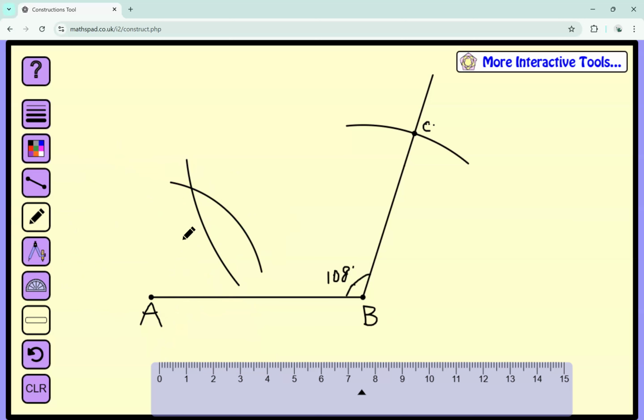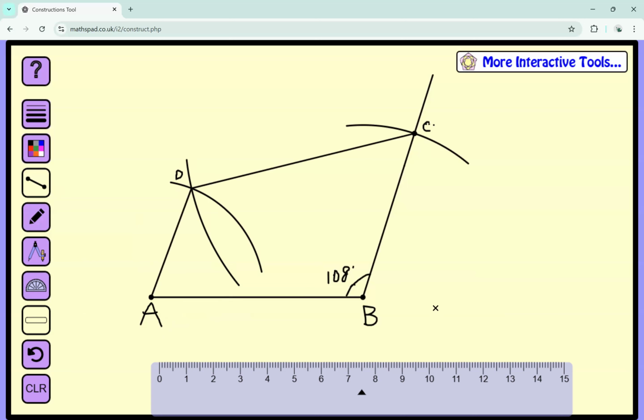Anywhere along this arc is 4.2 cm away from A, and anywhere along the other arc is 8.5 cm away from C, so this intersection point will be point D. Then to complete the question, you take this and join over to here, and then join over to here.